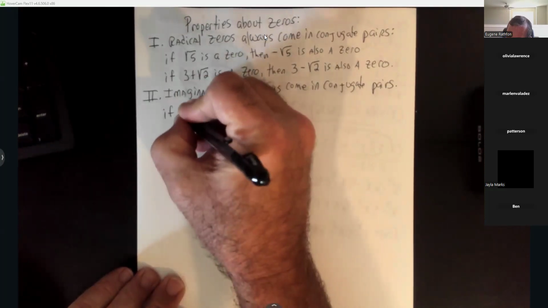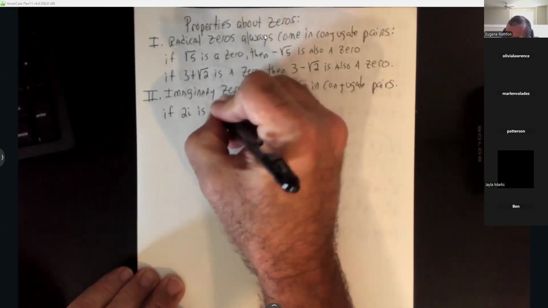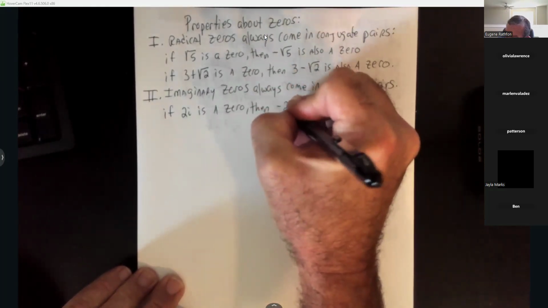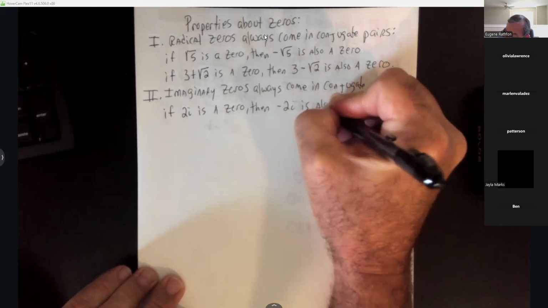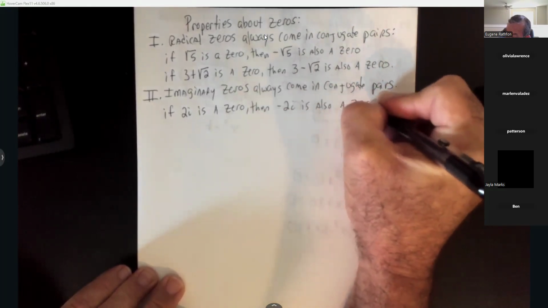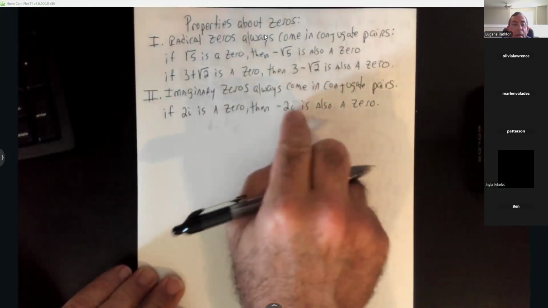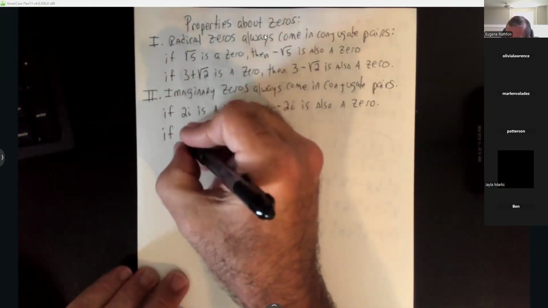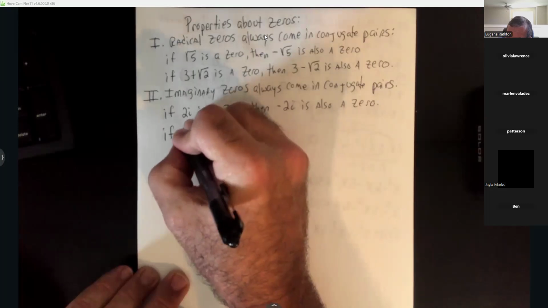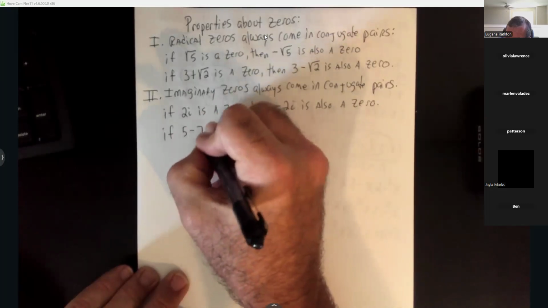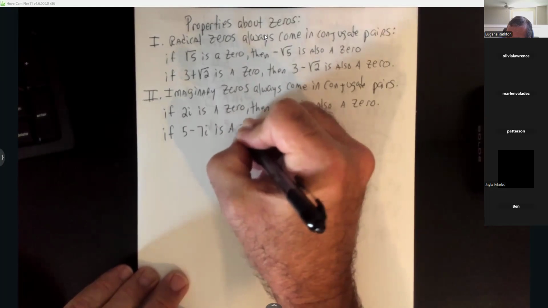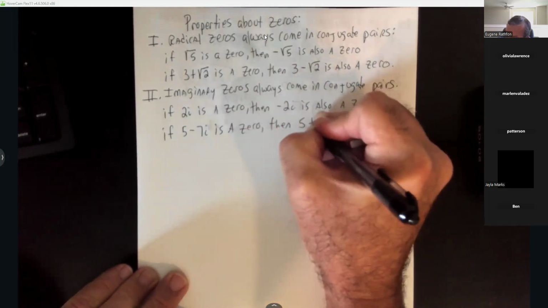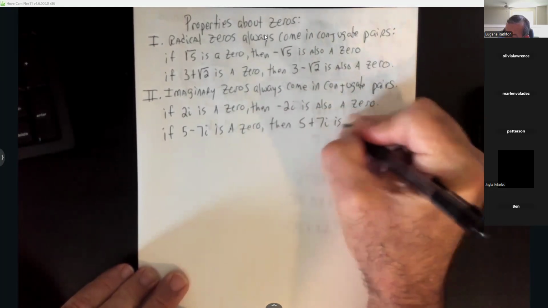So if 2i is a zero, then negative 2i is also a zero. All right, 2i, negative 2i. If it's written as a complex number, something like this, if 5 minus 7i is a zero, then 5 plus 7i is also a zero.